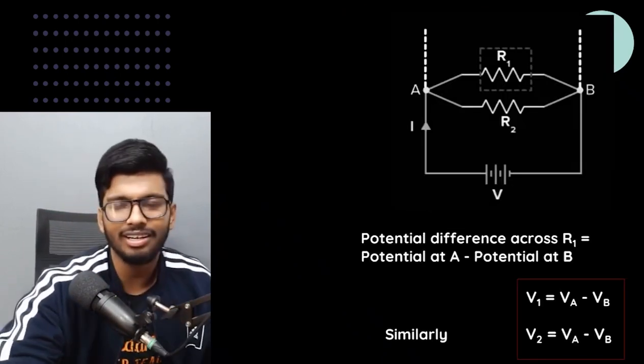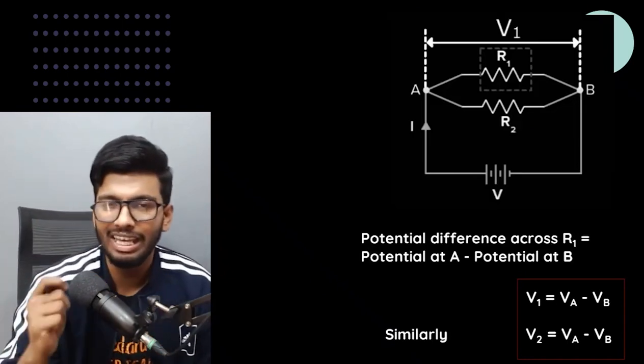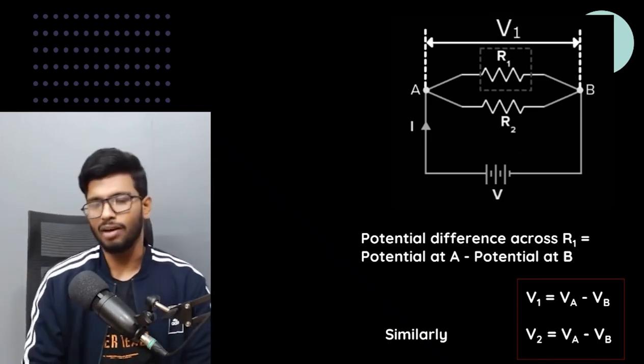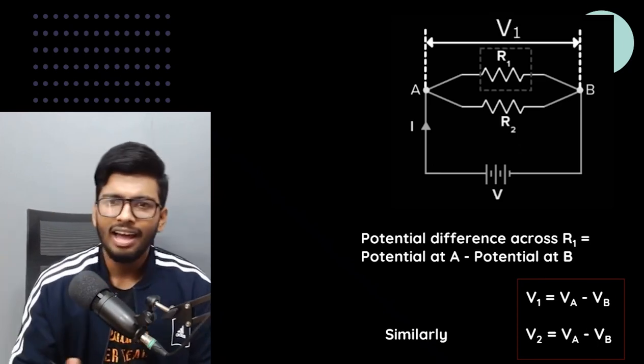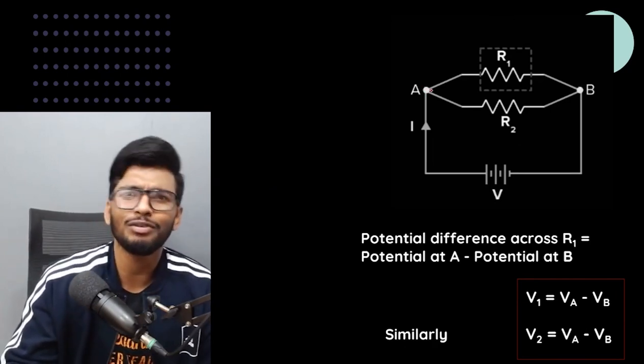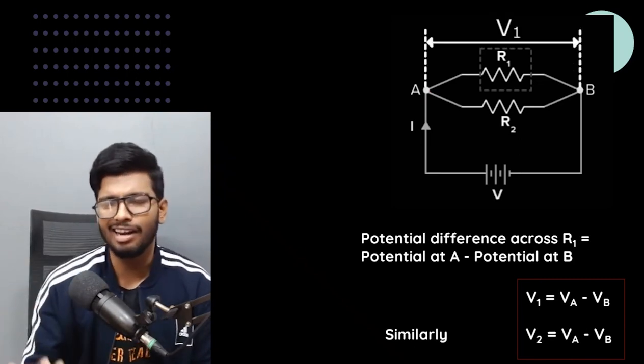Now in parallel connection, the most important key things that you need to remember: let's say there are two resistors connected in parallel, R1 and R2. Let's say that R1 is connected to 2 points A and B. R2 is also connected to 2 points A and B, because they are parallel to each other.